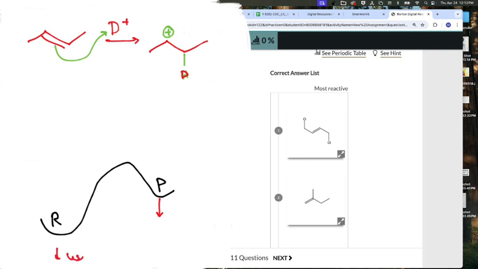So this is pretty useless. What about raising the reactant energy? Okay? So there's two things I could focus on. I can look at how can I make that reactant higher in energy, and I can look at how to make the carbocation that's formed lower in energy.